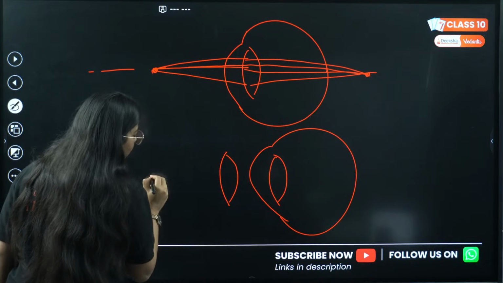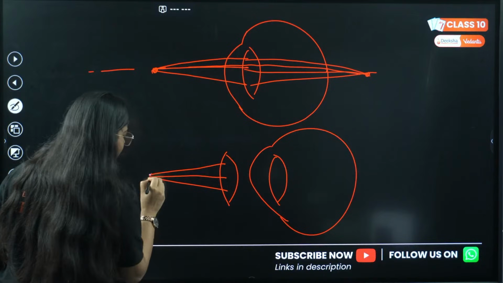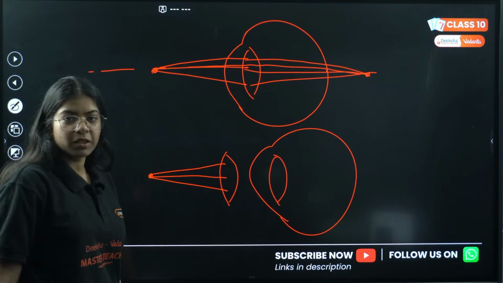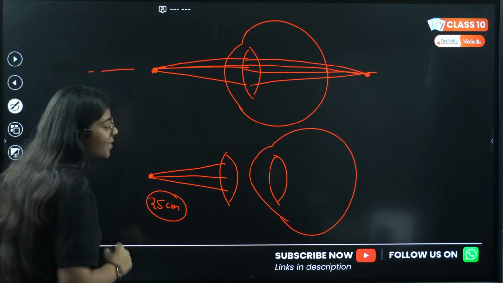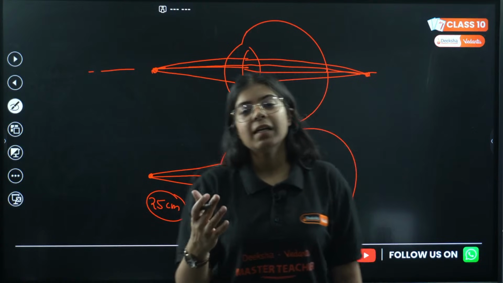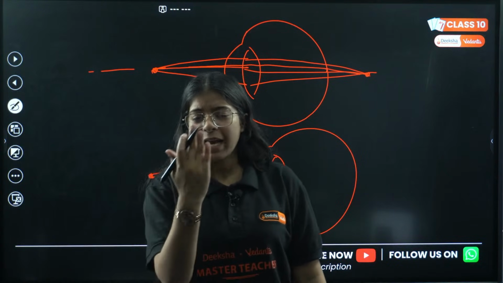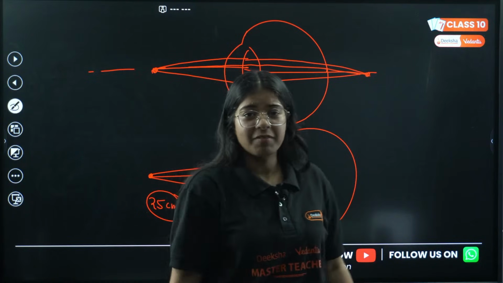Correct? Now, if rays are coming from a point, something like here, something from here. Let's say it's 25 centimeter. We know all of our near point is 25 centimeter. But the people who have hypermetropia cannot see the objects placed at 25 centimeter. They have to keep it away from them.